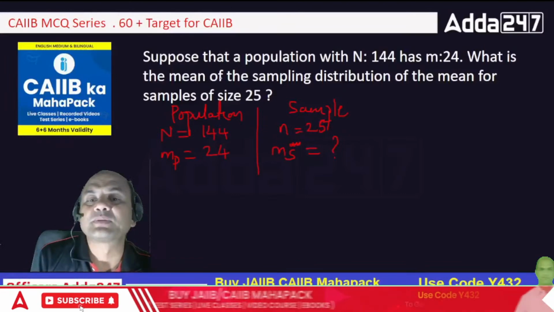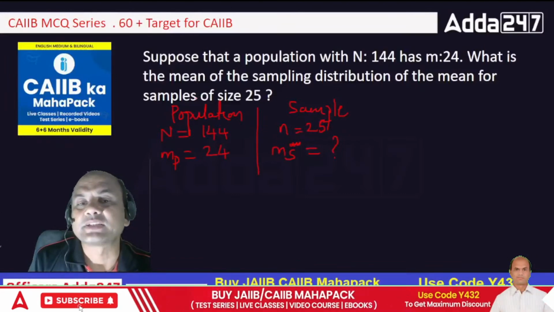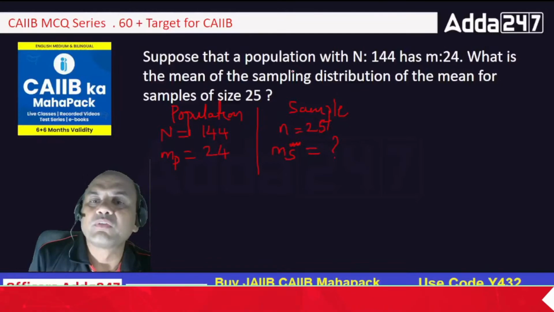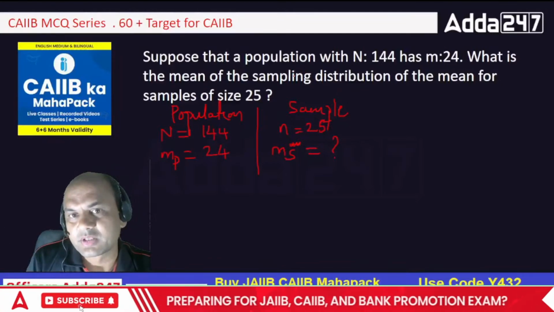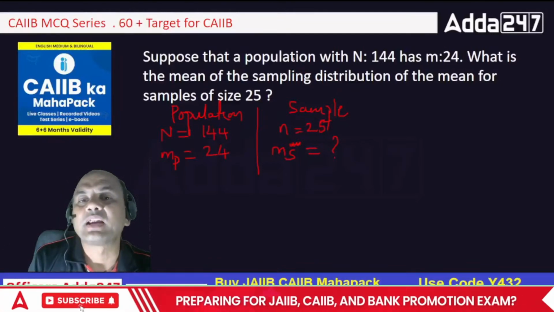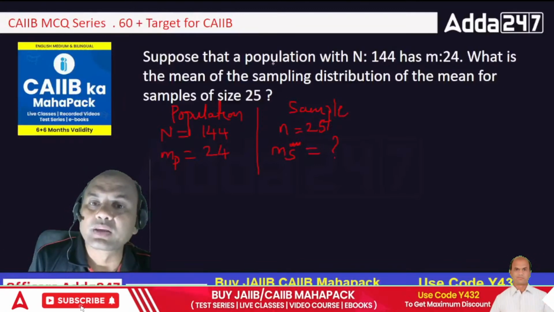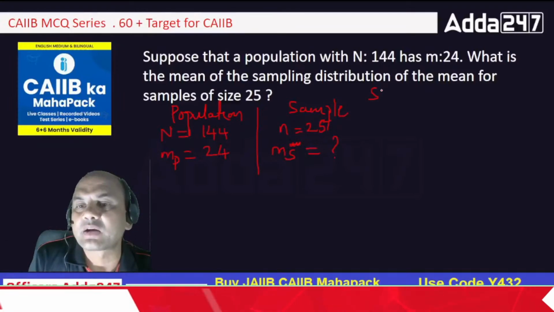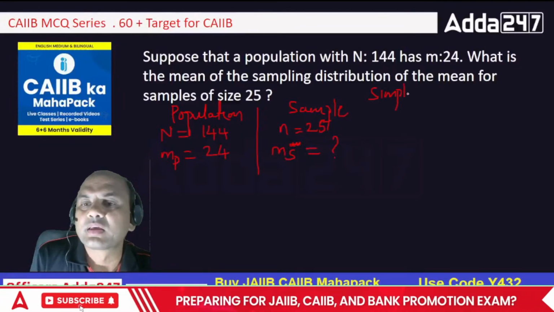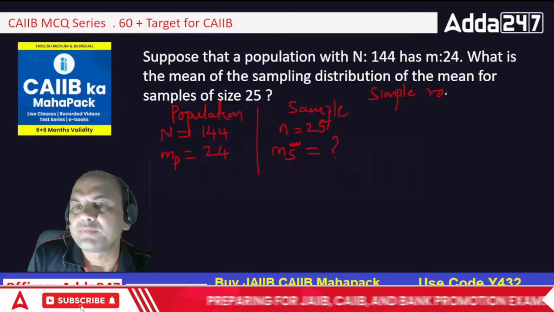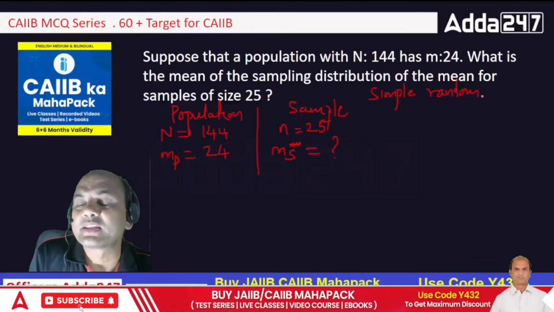Now, the mean of the sampling distribution for the sample sizes. Here, one thing you have to assume for the sampling distribution and the population is that it is always simple random sampling they are talking of, whenever nothing is mentioned.